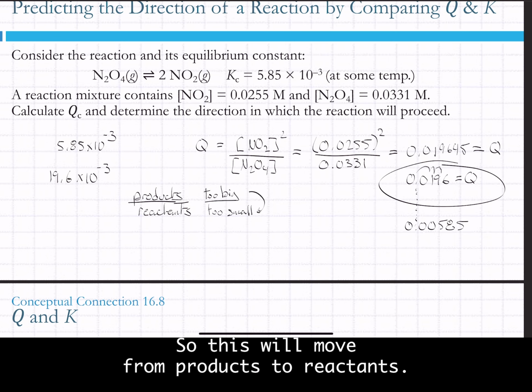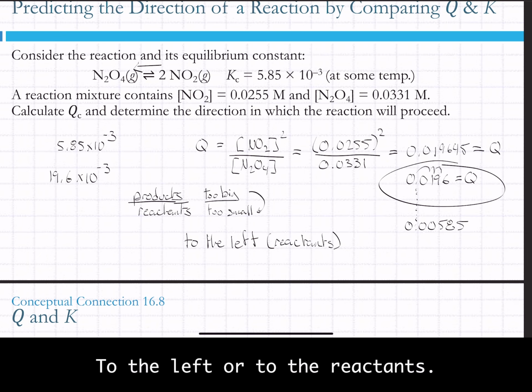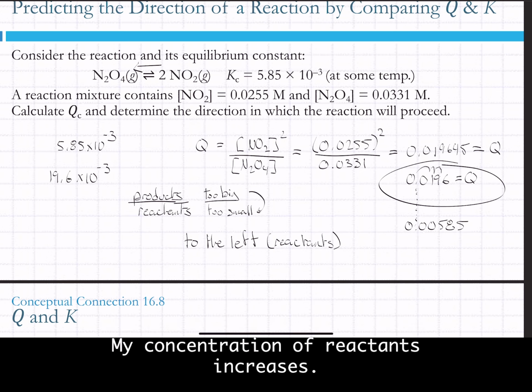So this will move from products to reactants, meaning that this will move to the left or to the reactants, which means my concentration of products decreases, my concentration of reactants increases.